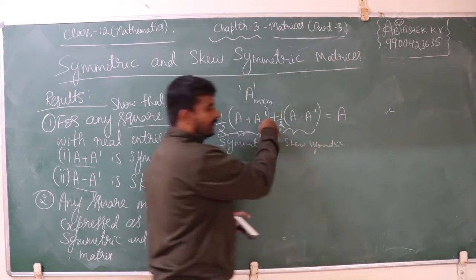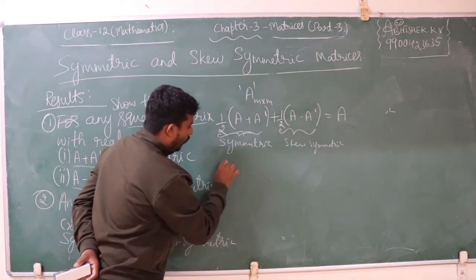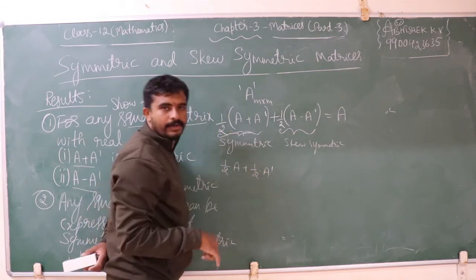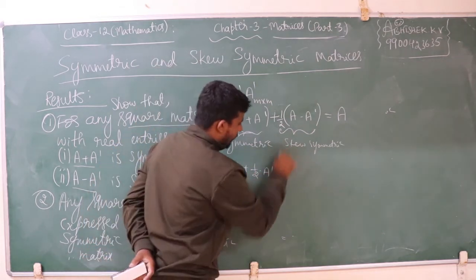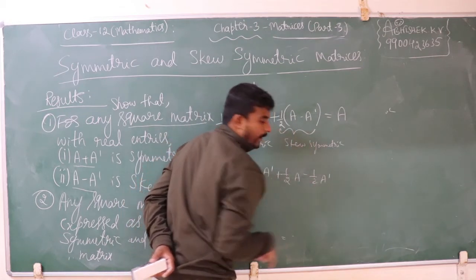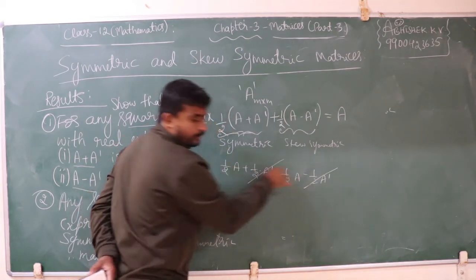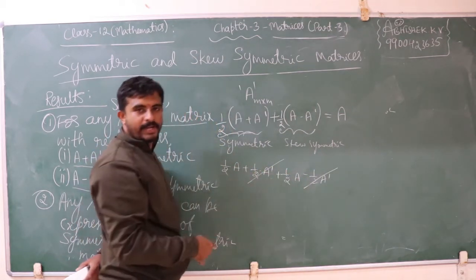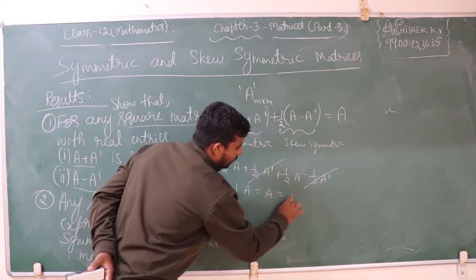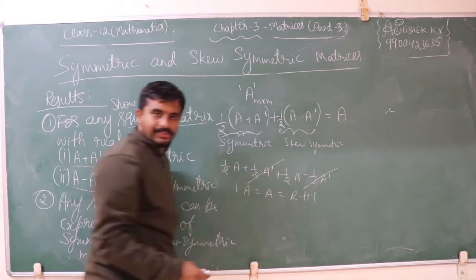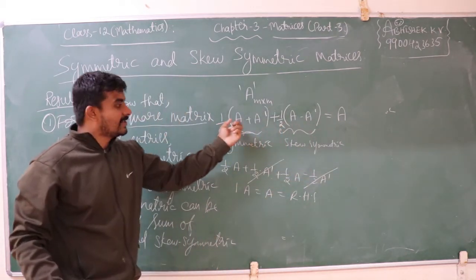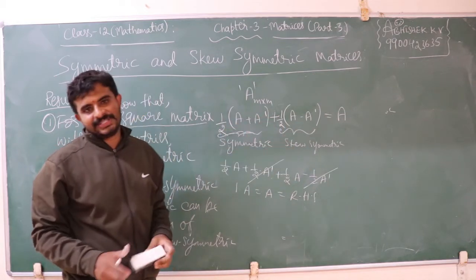Let us check the RHS: 1 by 2 into A plus 1 by 2 into A transpose, plus 1 by 2 into A minus 1 by 2 into A transpose. The A transpose terms cancel. Half A plus half A is 1 into A, which is equal to the LHS. Therefore, any square matrix A can be expressed as the sum of a symmetric and a skew symmetric matrix.